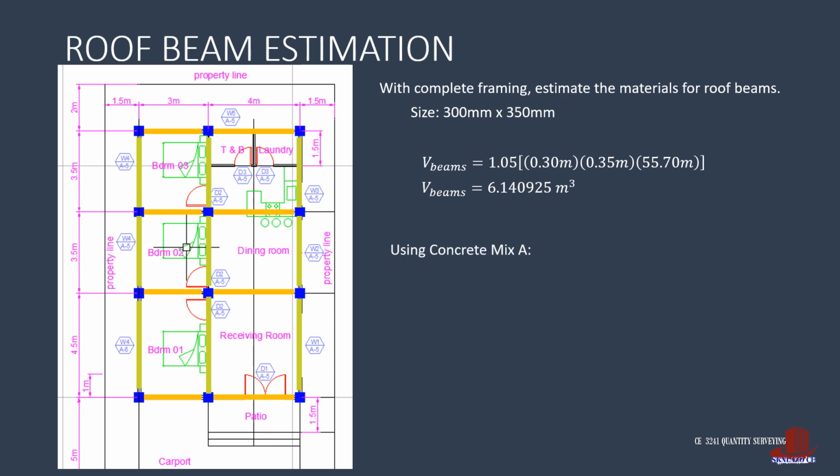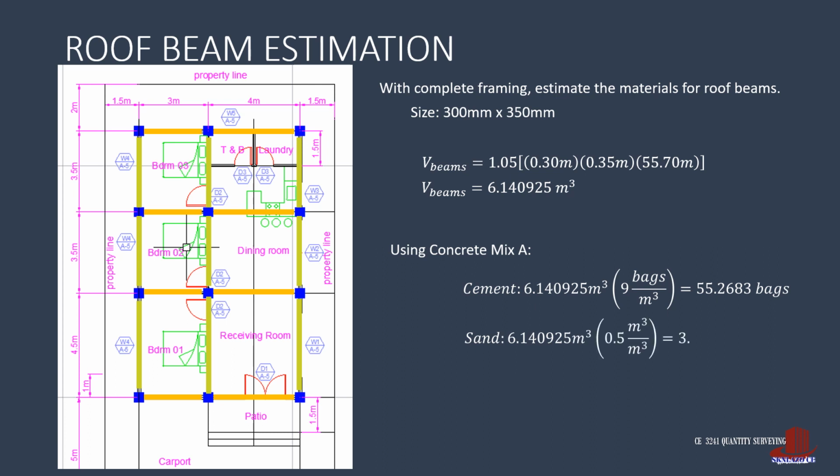With concrete mix A, the cement is then the volume times 9, giving 55.2683 bags. Sand is then the volume times 0.5, which becomes 3.0705 cubic meters. Gravel is then the volume times 1, which is 6.1409 cubic meters.